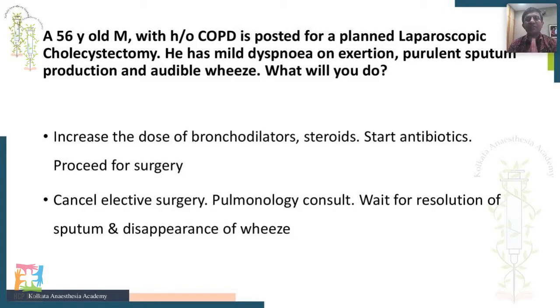Okay, the person has mild dyspnea on exertion when you are seeing the person, has purulent sputum production, tells you, and when you auscultate, there is an audible wheeze. What will you do? You will increase the dose of the bronchodilators and steroids, start antibiotics, admit, proceed for surgery, or will you cancel the elective surgery, send the person for a pulmonology consult, wait for the resolution of sputum and disappearance of wheeze?